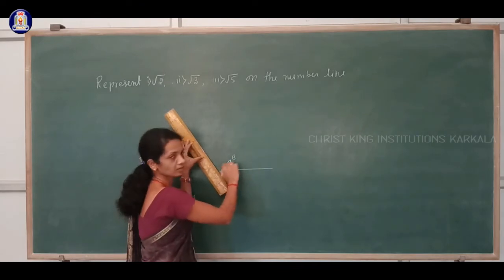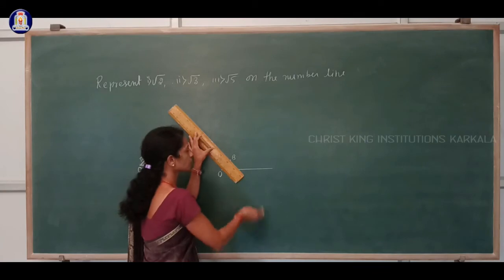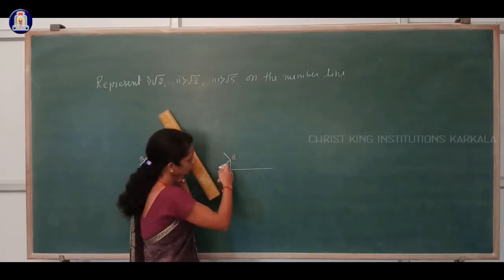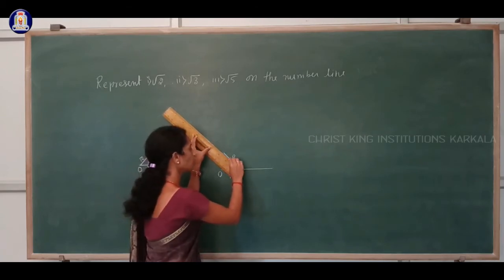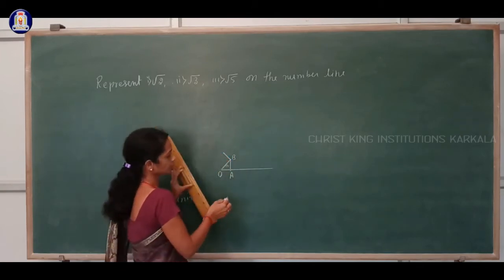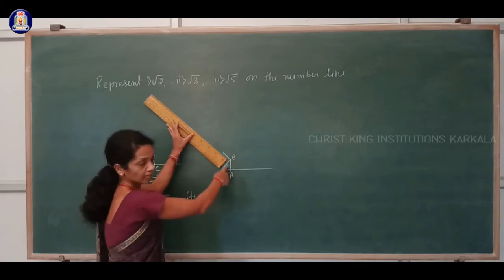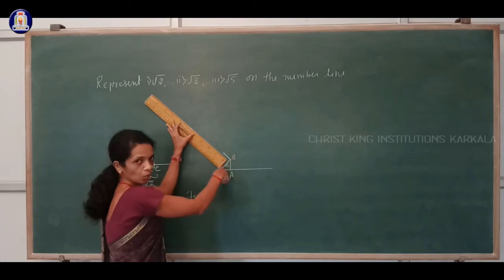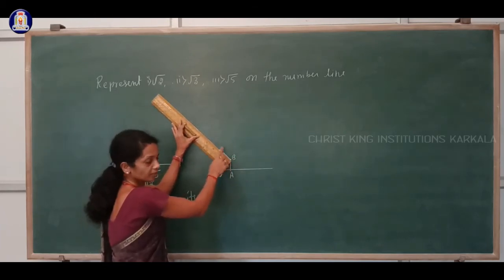Imagine this as a horizontal line; then how do you have to keep your scale so that it will be vertical to the OB line? From O you have to draw one perpendicular of length 1 centimeter. You have to draw the perpendicular to the OB line, not to this horizontal line. That perpendicular must be of length 1 centimeter in your book.